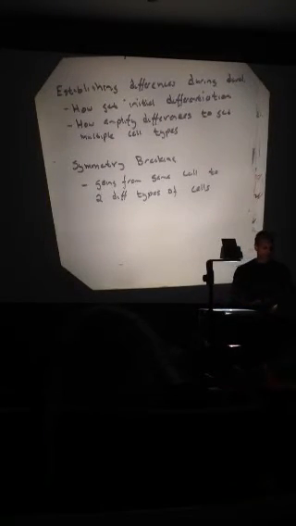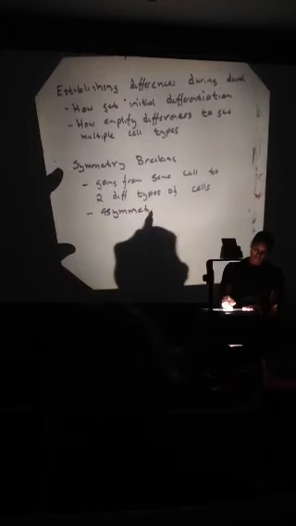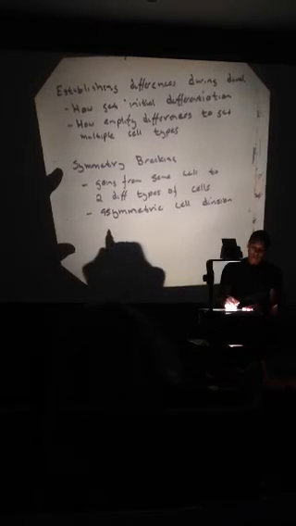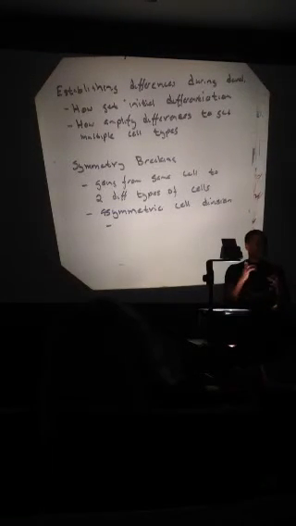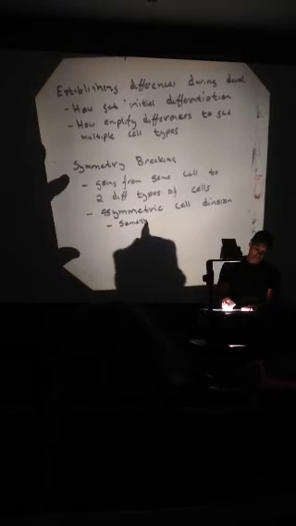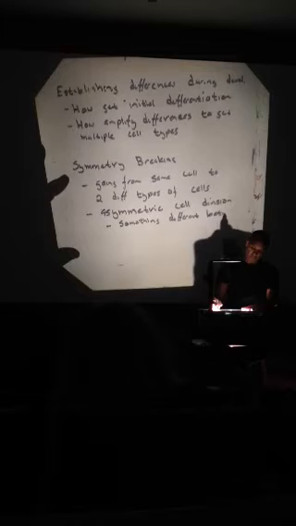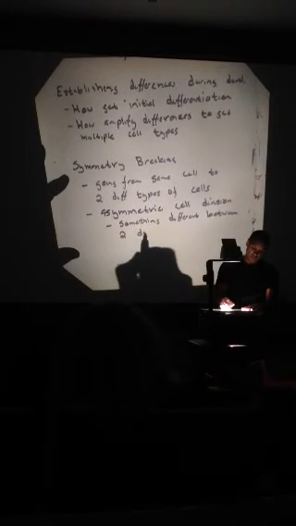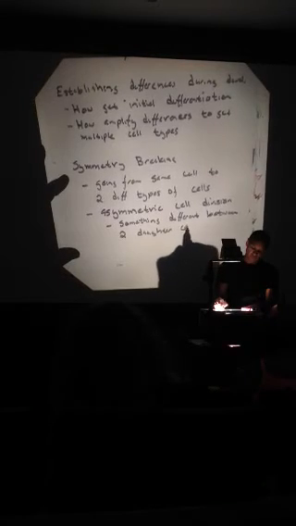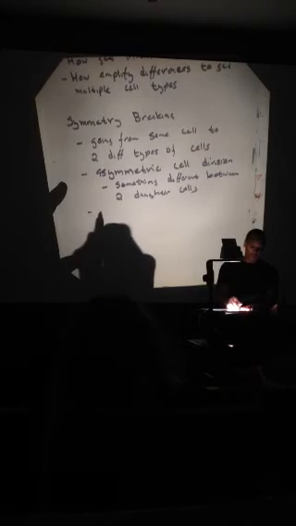And there are basically two ways you can go about doing that. One way is through asymmetric cell division. In other words, when that cell divides, there's something different between the two daughter cells. The other way is having cells in different environments.